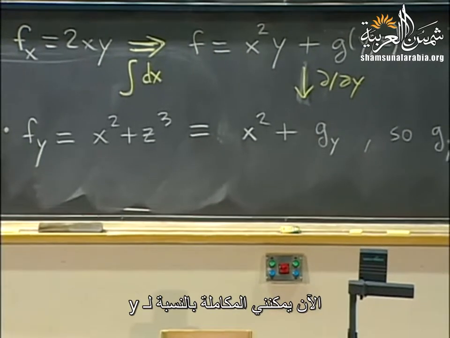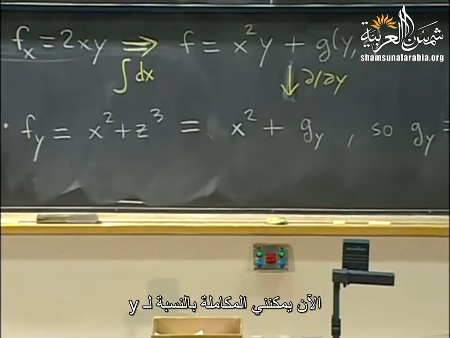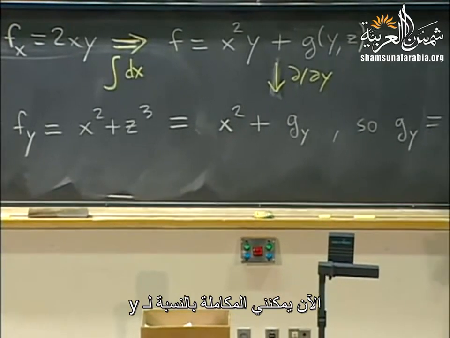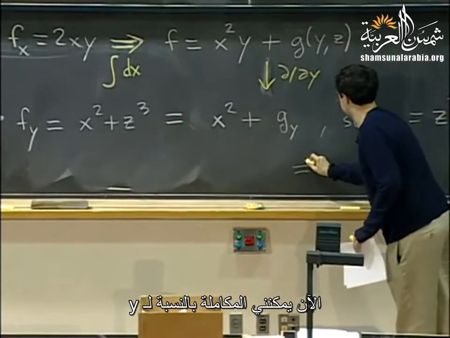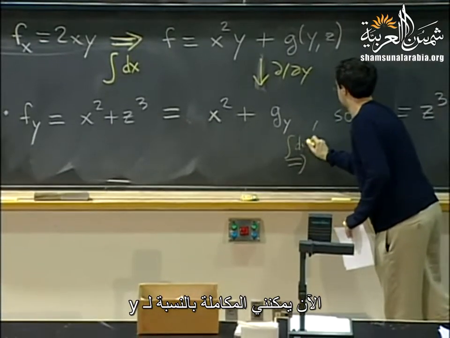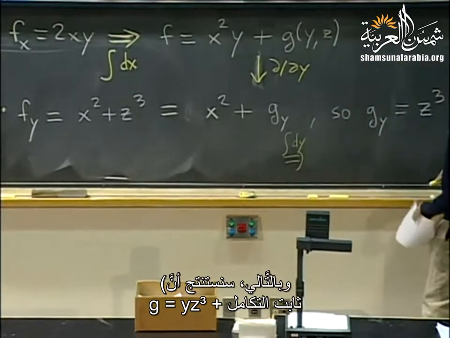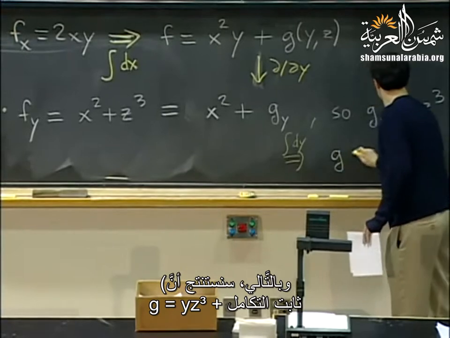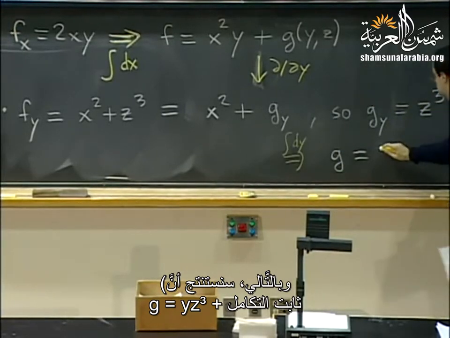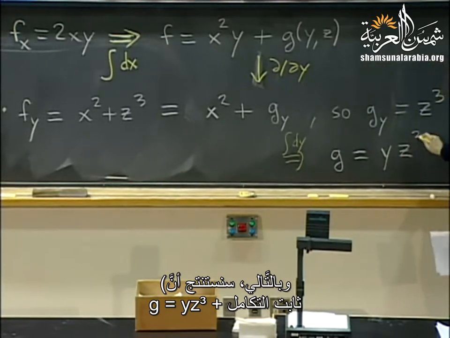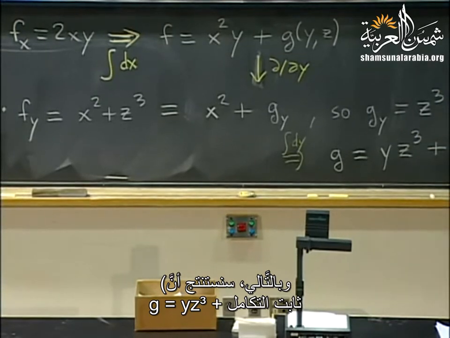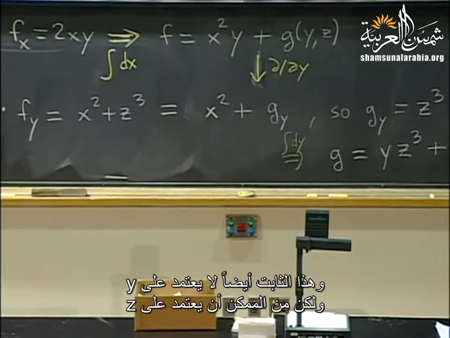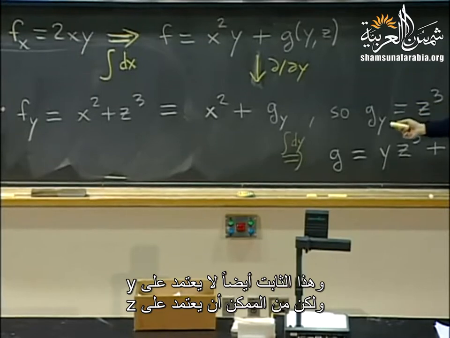So now if I have this, I can integrate with respect to y, and that will tell me that g is actually yz cubed plus an integration constant. That constant, again, does not depend on y, but it can still depend on z, right?